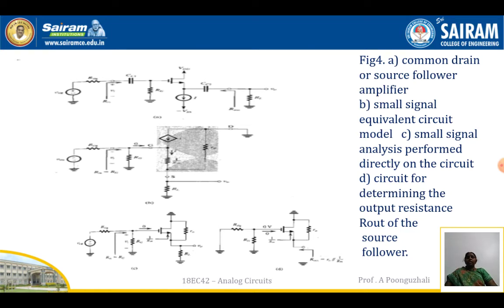So now your drain terminal is going to be directly connected to VDD. Here your source terminal is going to be connected to minus VSS, through a constant current source. Now we are going to take the output at the source terminal.